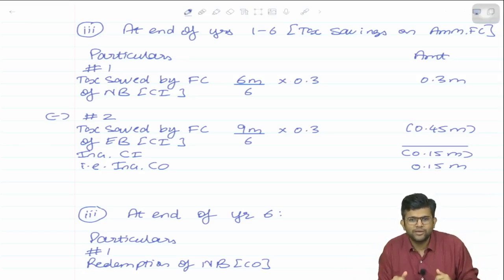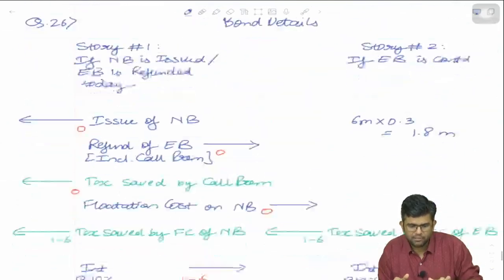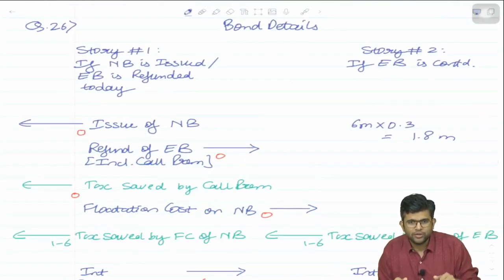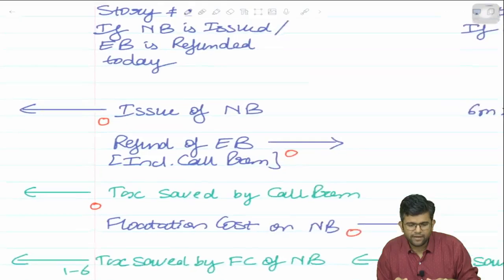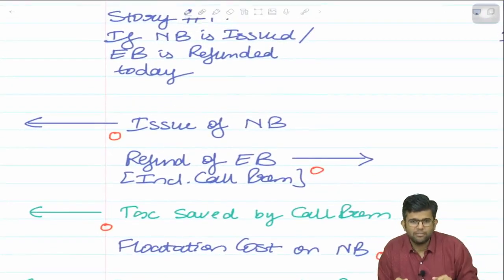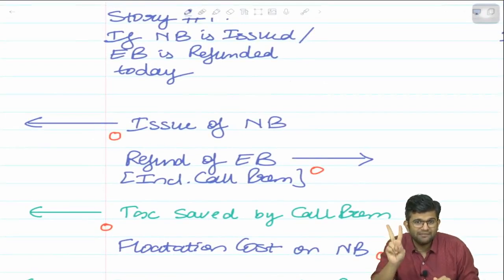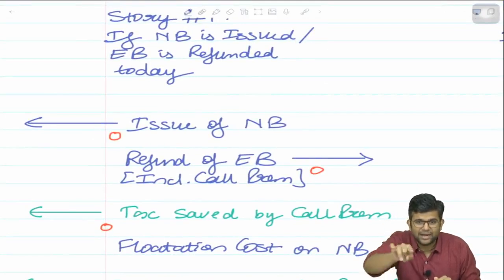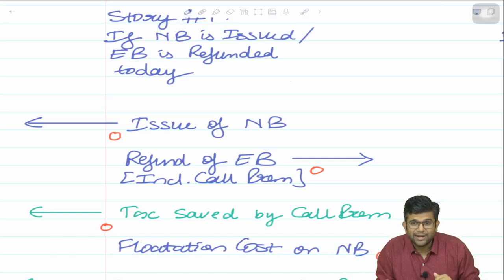Now you are abruptly closing Bhavani bond midway, correct? In story number 1. Now I am not talking of story 2. I am talking story 1. In story 1, you are abruptly cutting off Bhavani bond midway. Can I say that the 2.7 million tax saving that you are entitled to need not be amortized over 6 years?